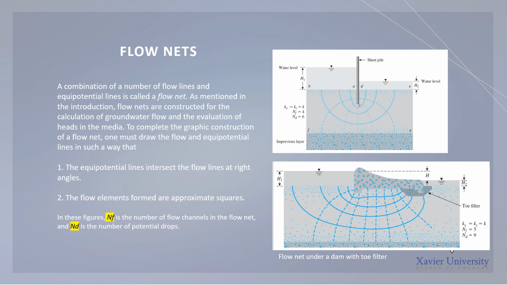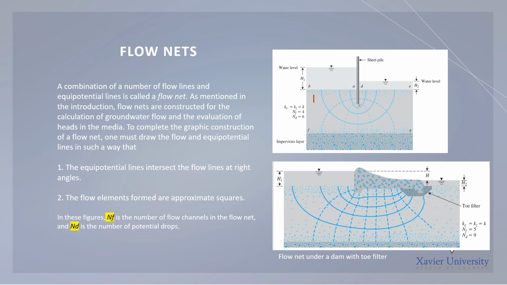So we have here in the example, no? Let us consider first this one, the upper figure. Let us count the number of flow channels, or the NF. So that is 1. Let us have that color red.